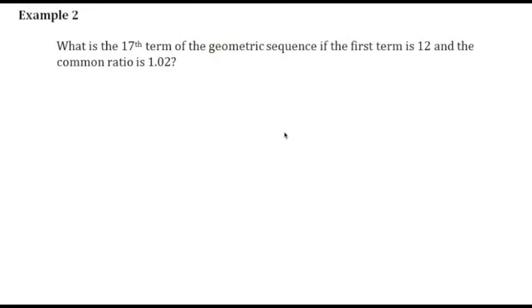Example number 2. What is the 17th term of the geometric sequence if the first term is 12 and the common ratio is 1.02? So we're going to look at that general form that a sub n is equal to a sub 1 times r to the n minus 1. Okay, so let's plug in what we need. We know the 17th term. That's what we wanted to find.